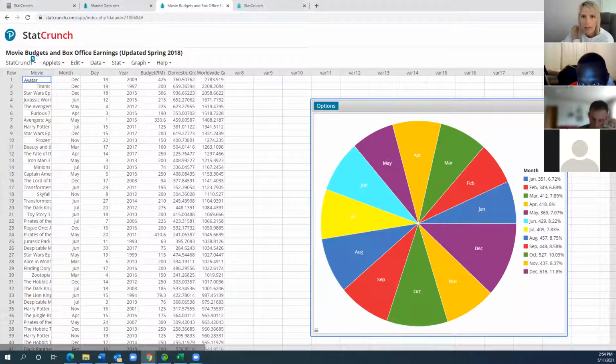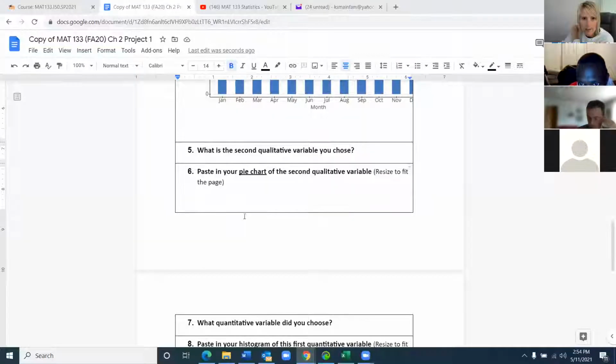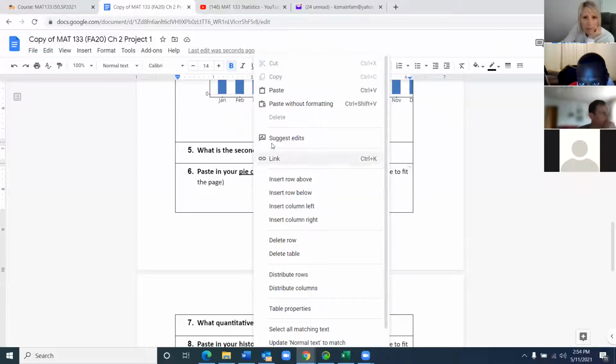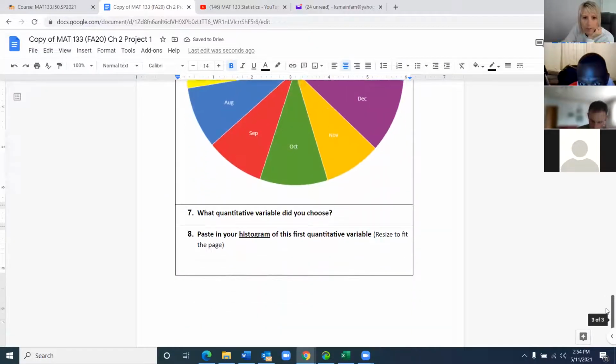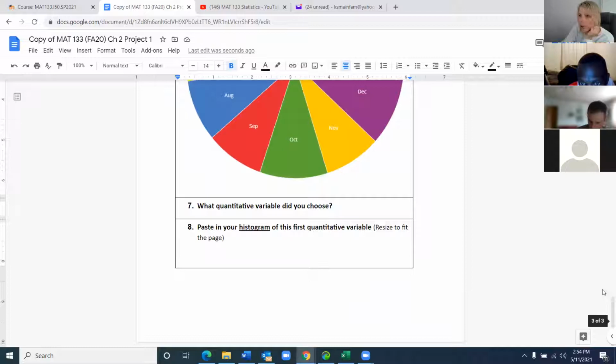I'm going to go back to my project, which you can see here, and in my project, I'm going to right click and paste. And there it is. And then it says, what quantitative variable did you choose? And I'm going to choose year for mine.